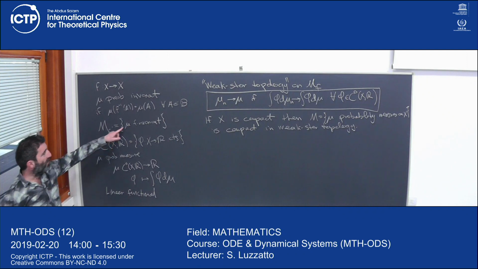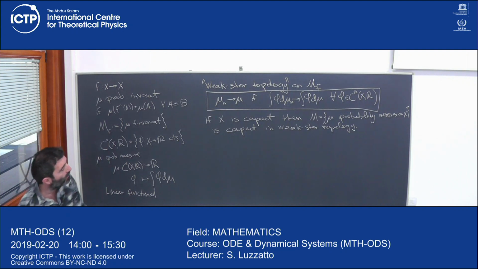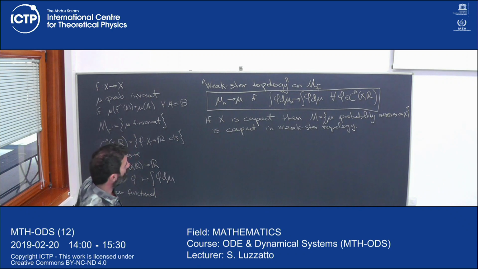So the space of invariant measures is a subset of the space of probability measures, and we're going to use this topology to show that there exist some invariant measures. I will explain how we're going to do that. Let me make one more remark.